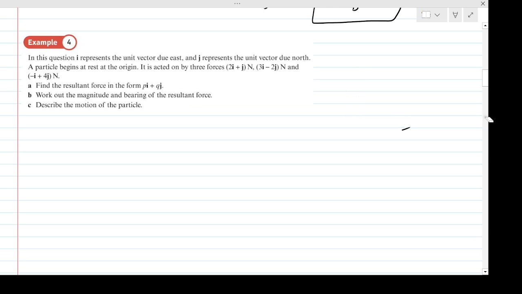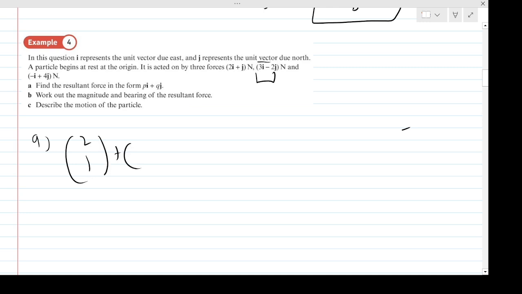Okay, then we're told a particle begins at rest at the origin. It is acted on by 3 forces with these 3 vectors. Find the resultant force in the form pi and qj. So we need to give it in terms of i and j. Now, for the resultant force, again, we're going to be adding all the vectors together. So firstly, we have the vector 2i and 1j, so it's going to be 2, 1.